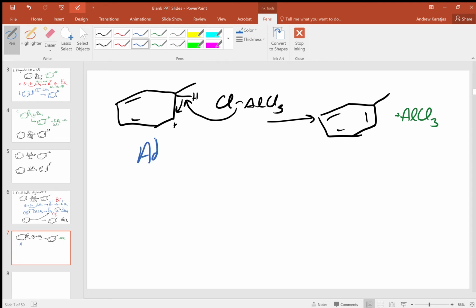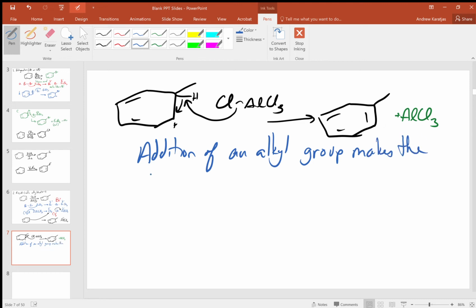So addition of an alkyl group makes the ring more nucleophilic.